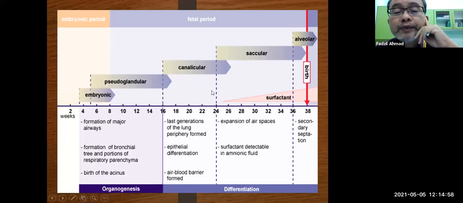Surfactant can be detected at more than 24 weeks of gestation. Then 36 weeks is considered term, and 26 weeks is where we say it's a bit safe for the baby to be delivered, because the surfactant starts to be produced here.